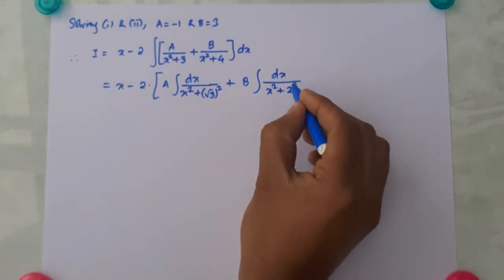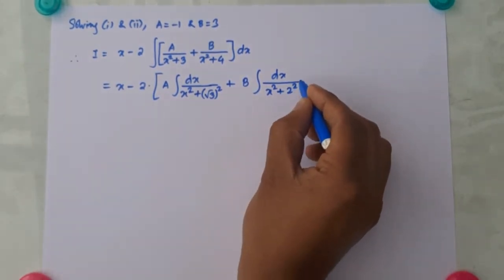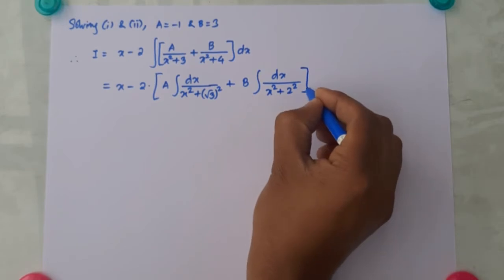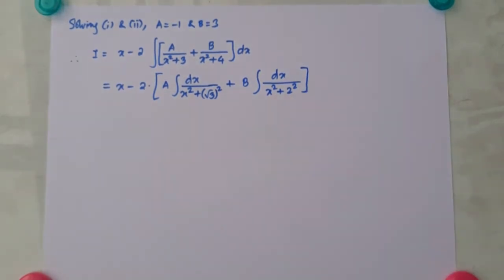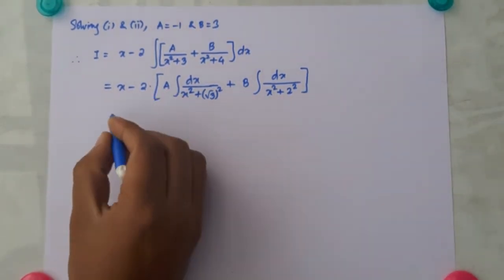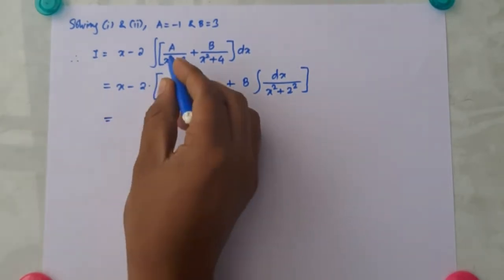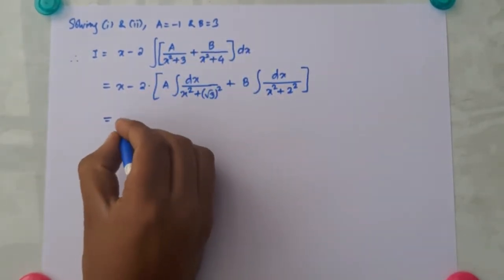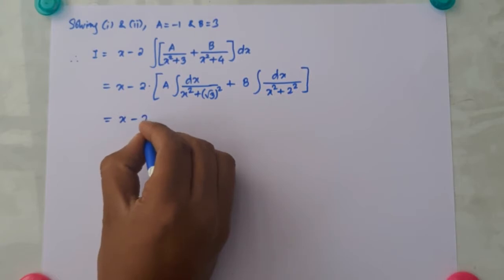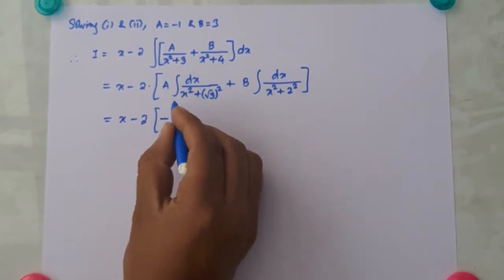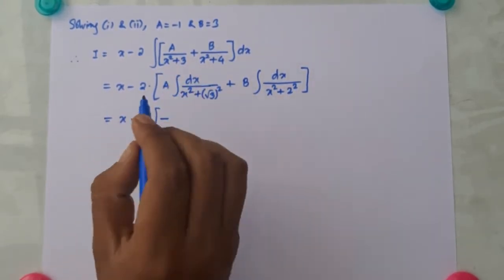Okay, so let me close the bracket out here. So now you know that, okay, so let me first put the value of a. Okay, so as you all know that a is -1, so this is -1, so you can just write minus.